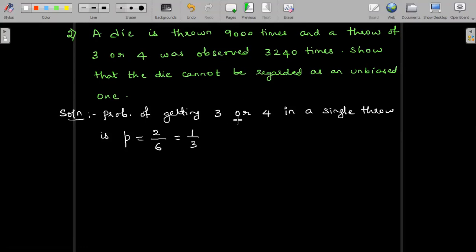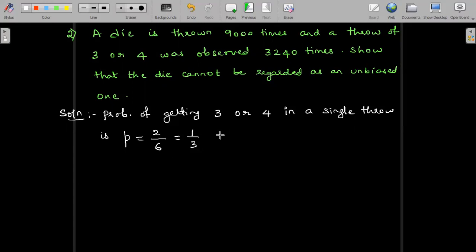So 2 choices out of 6. 6 is the total possibilities whenever we throw a die: it can be 1 or 2 or 3 or 4 or 5 or 6 on the face. So that is why 2 options, 3 or 4, out of 6. So 2 by 6 gives us 1 by 3.